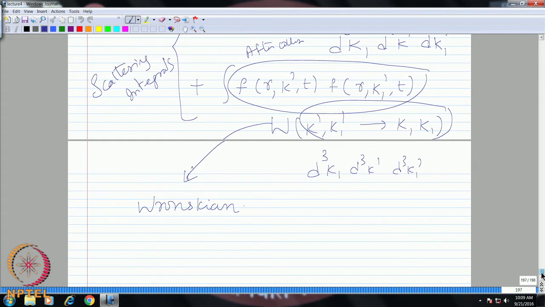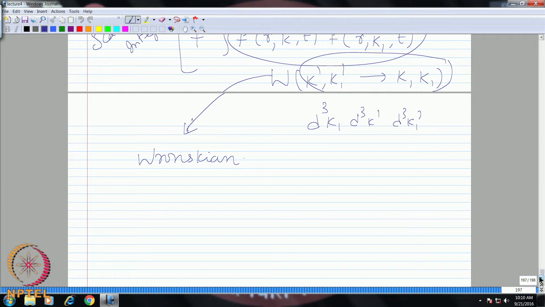Therefore, what people do is apply what is called the relaxation time approximation. It is a very simplistic, but a very practically useful approximation.